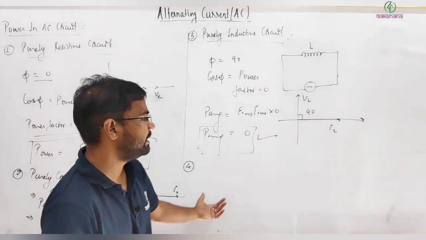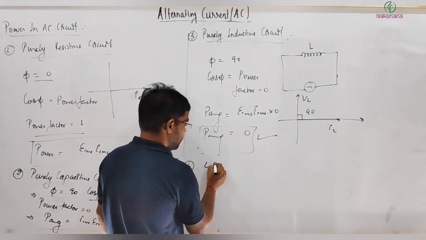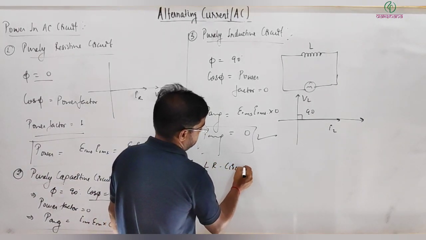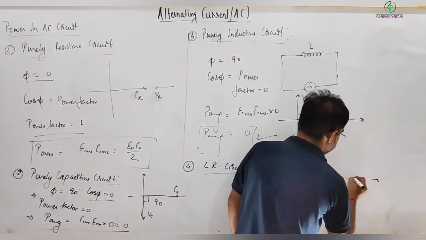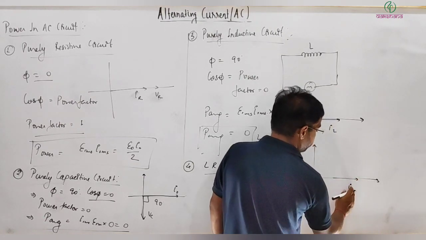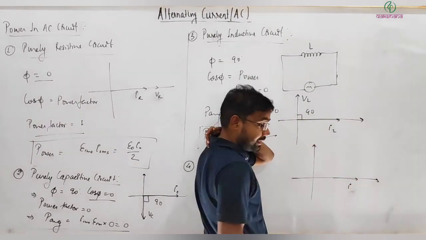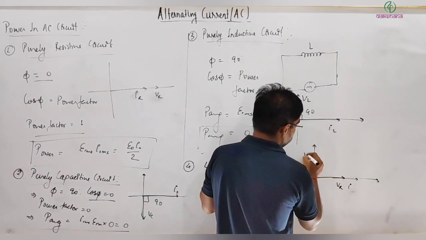So this is for a purely inductive circuit. Now, let's say I am given an LR circuit. This is a series circuit, with current I through the circuit. This is VR, this is VL.